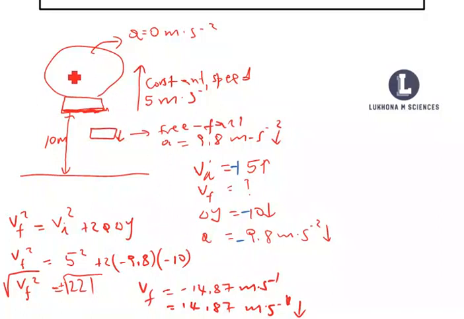So we must know that there are two. But if they say, for example, calculate the weight of this hot air balloon, you need to draw a free body diagram. There is the upward force that causes the object to move up, that is the applied force.